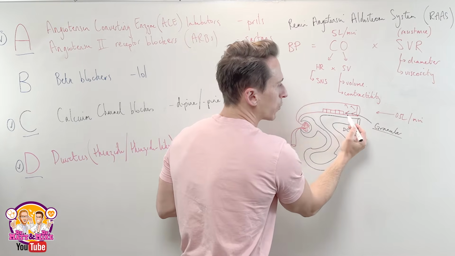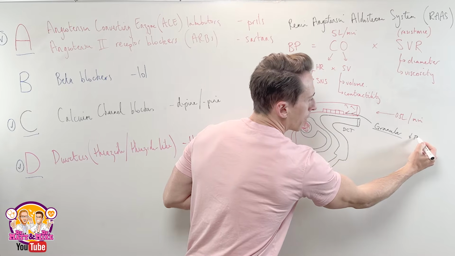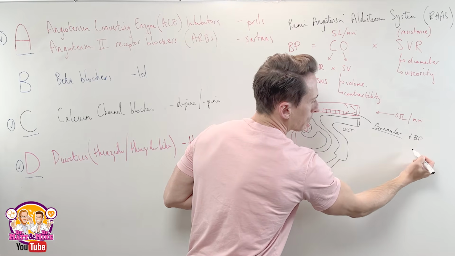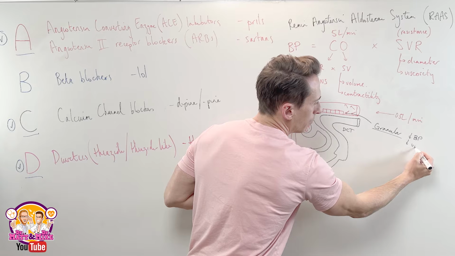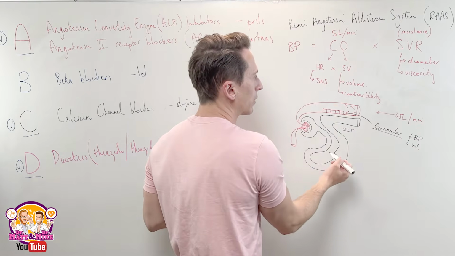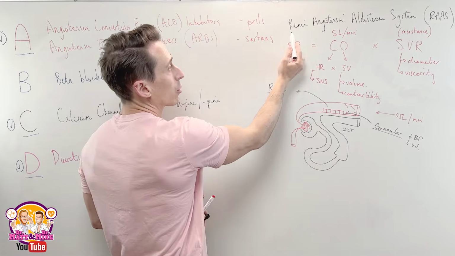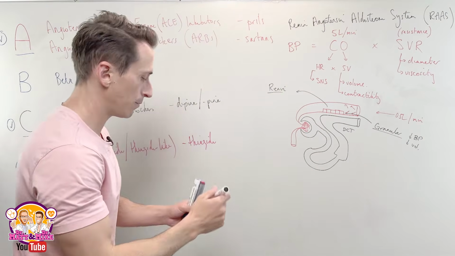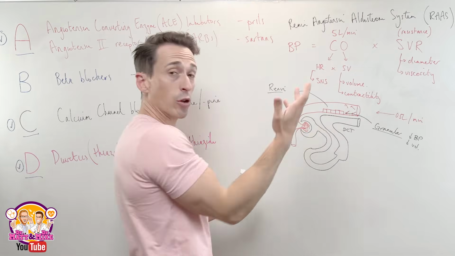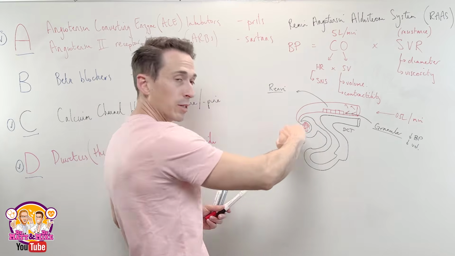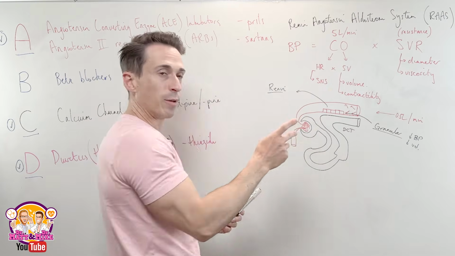And these granular cells, when stimulated by low blood pressure or low blood volume, stimulate the release of something called renin, the first part of the renin-angiotensin-aldosterone system. So a drop in blood pressure or blood volume can do this in the afferent arteriole going into the nephron to be filtered.